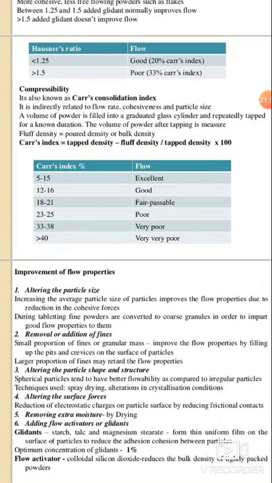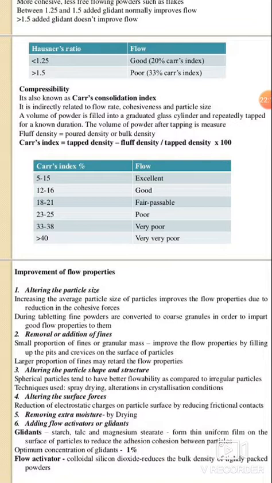A volume of powder is filled into a graduated glass cylinder and repeatedly tapped for a known duration. The volume of powder after tapping is measured. The first volume you get gives the fluffy density, or poured density, which is the bulk density. So the Carr's index is calculated using the bulk density apparatus.